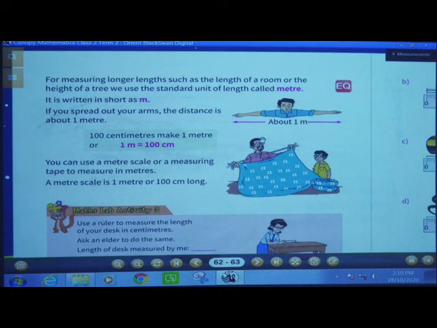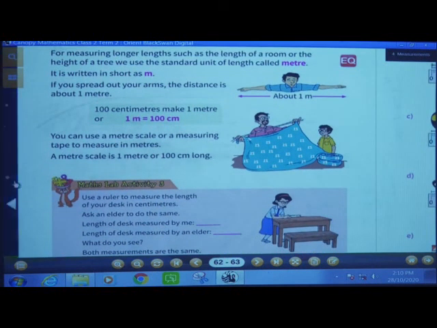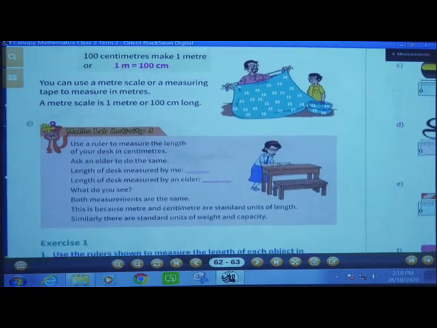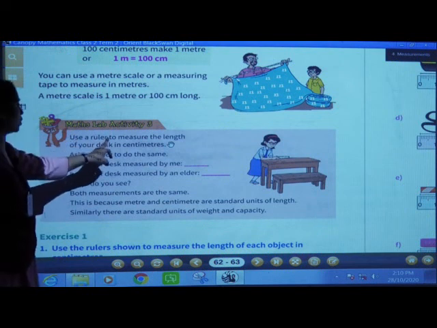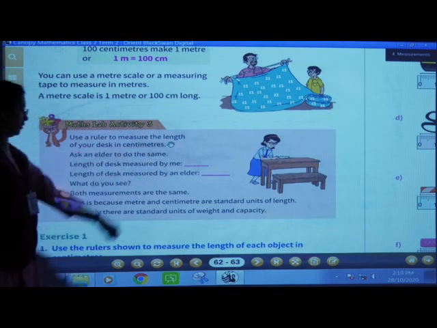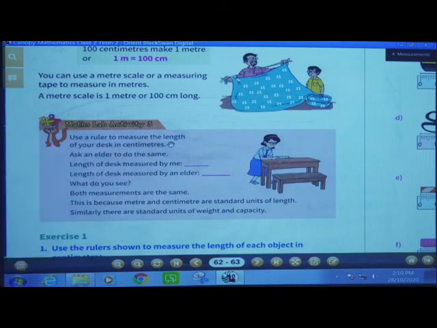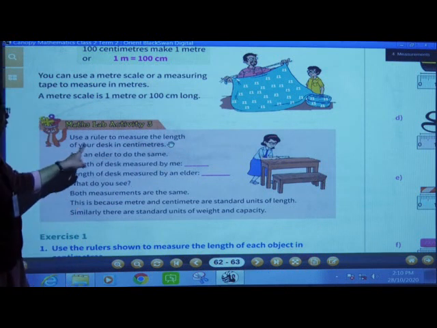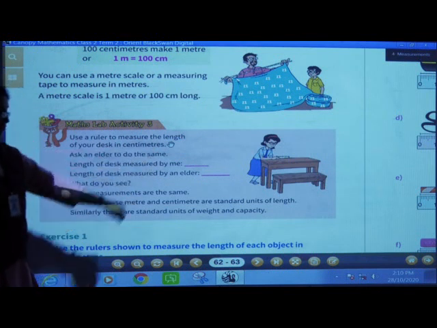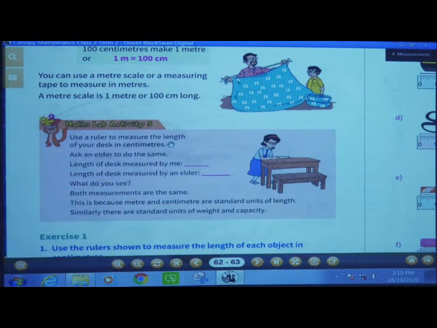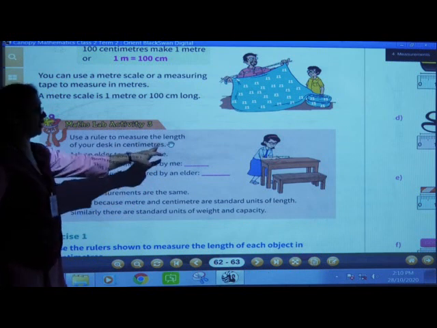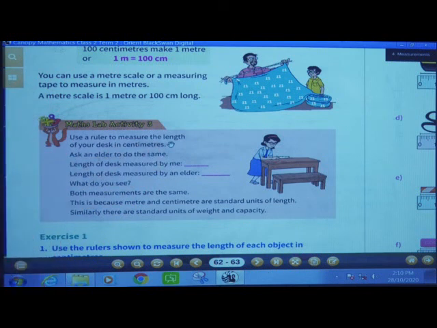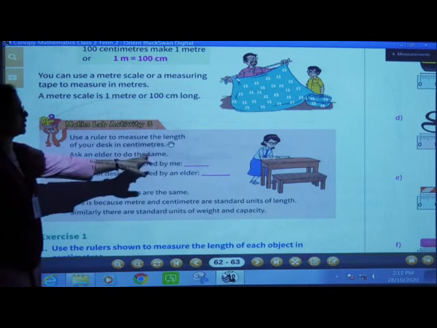Now, we will see the third activity. Use a ruler to measure the length of your desk in centimeters. Ask an elder to do the same.